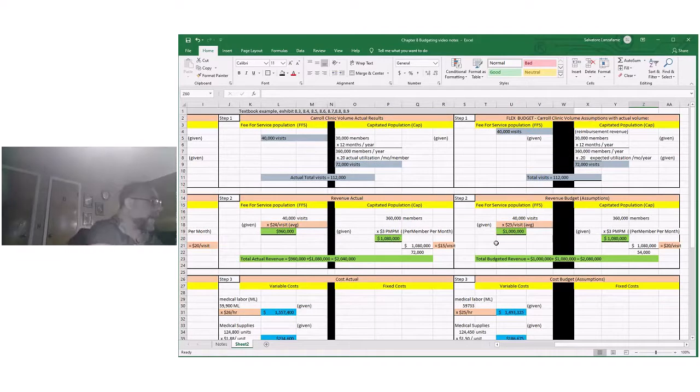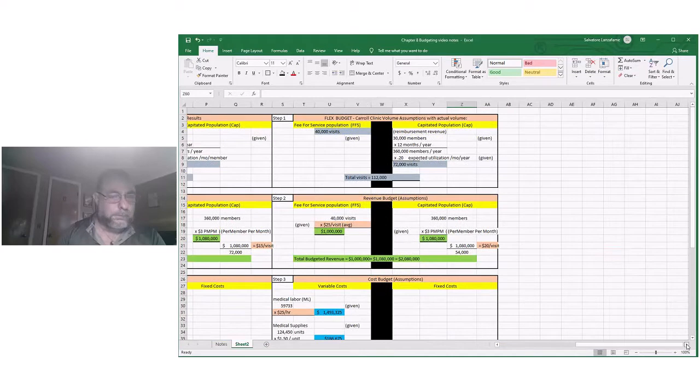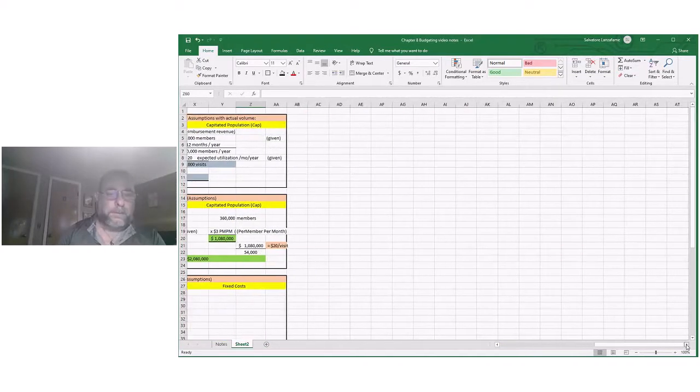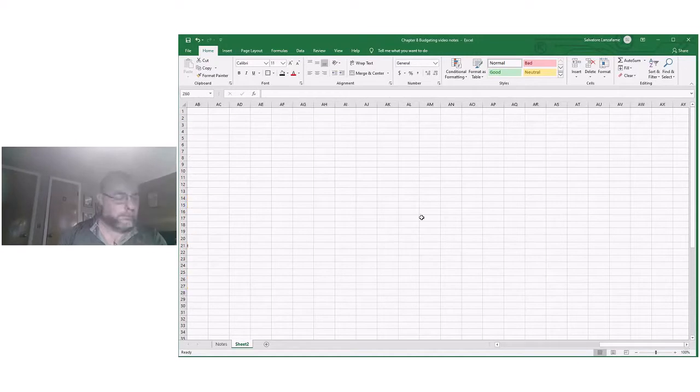And they did a really good job of that on page 289. So if you can have page 289 open, we can do some variance analysis ourselves.